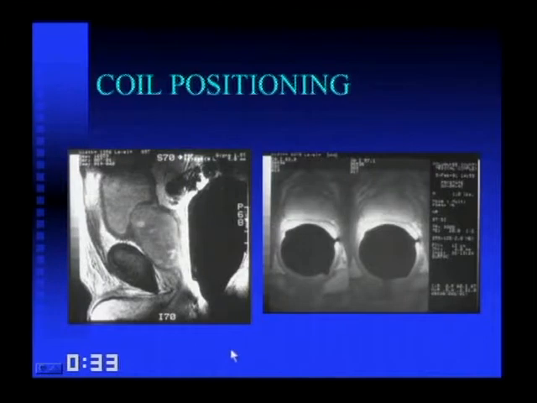Coil positioning is very important for endorectal imaging because the surface coil has this very limited range of where it's going to give you signal, and it has to really be placed right where the tumor is. Here you can see on the axial imaging, so you should always check your scouts before you start the dedicated imaging to make sure your coil is correctly placed.